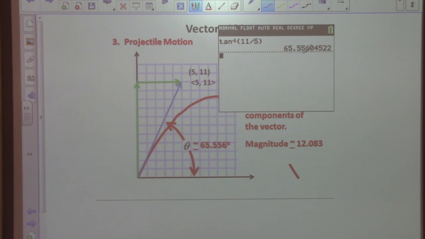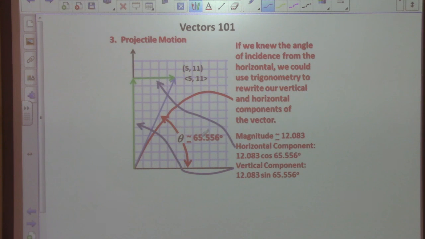And then we can find the direction here, which is found by taking the inverse tangent. And so the horizontal component of this vector is 12.083 cosine 65.556, and the vertical component is the same thing but sine.